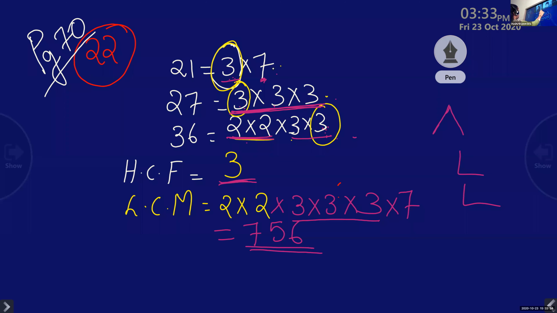Here 2 is there, but for 21 and 27, there is no 2. So we cannot. Highest common, H means it should be the highest in common in every number. And LCM, least common, means it is not necessary that. So what we had to do here, we had to take the numbers where the maximum number is repeated.